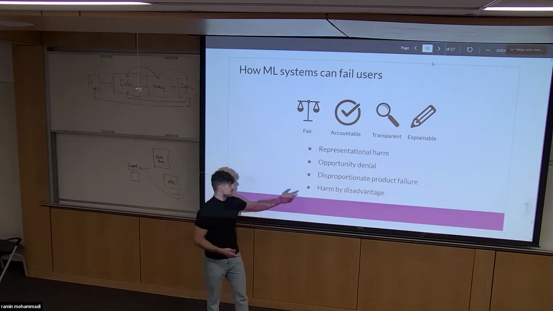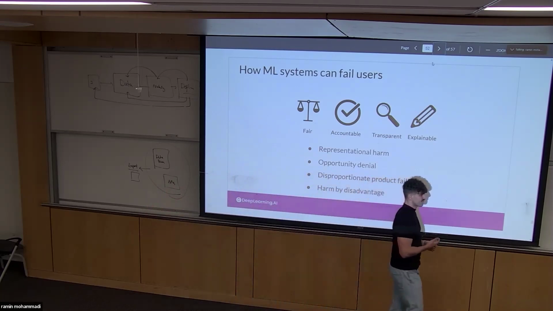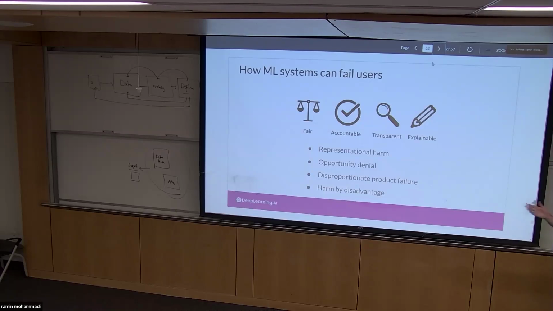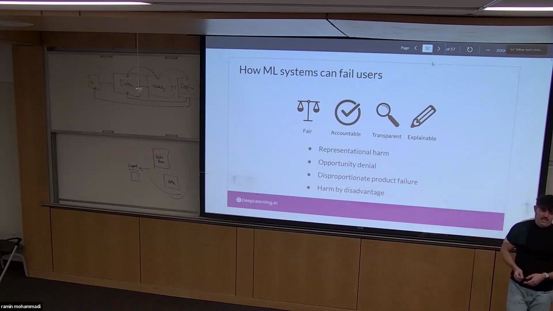That becomes disproportionate product failure. And harm by disadvantage is when your model automatically makes some sort of association between groups, that if this group did that, the other group is going to do something like that. So it's kind of a harm by disadvantage. These are pretty common in ML models.